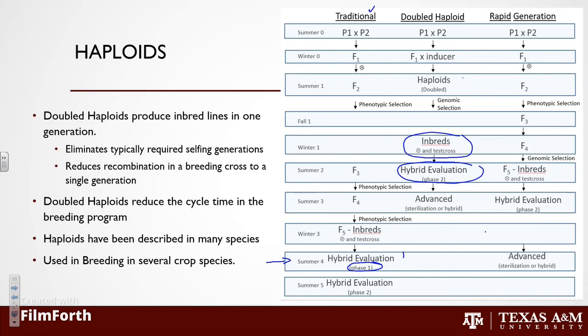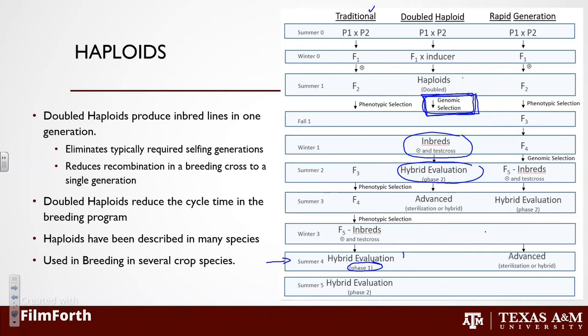In addition, why this becomes even more important, rather than just the speed, is if we add genomic selection to this. Once we have an inbred, we have a repeatable genotype, and that genotype can be used in genomic prediction models to identify the top producing hybrids.